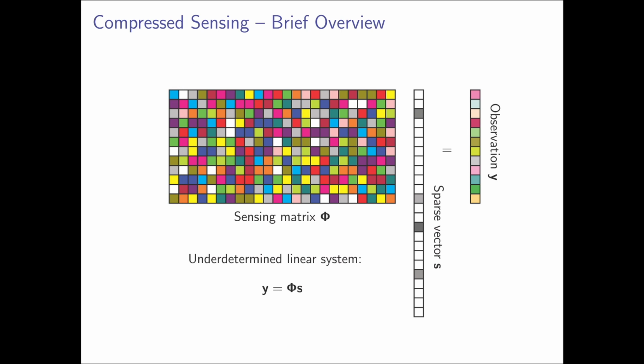In this context, observation Y is obtained as the product of matrix Φ times vector S. This yields the canonical compressed sensing equation Y = ΦS. In this cartoonish example, sparse vector S has 4 non-zero entries, each with distinct values.